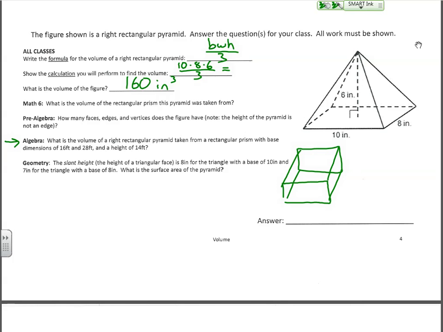That's not too bad. What would the volume of a pyramid taken from that be? Cut out of that be. And it goes back to the relationship between the formulas for a rectangular prism and then a pyramid. Okay. Questions on that?